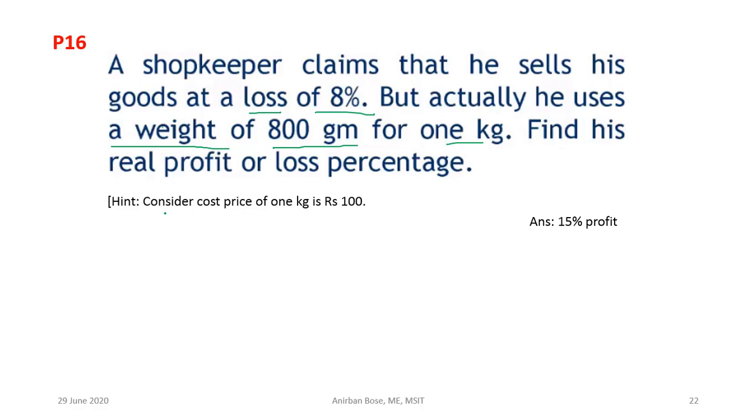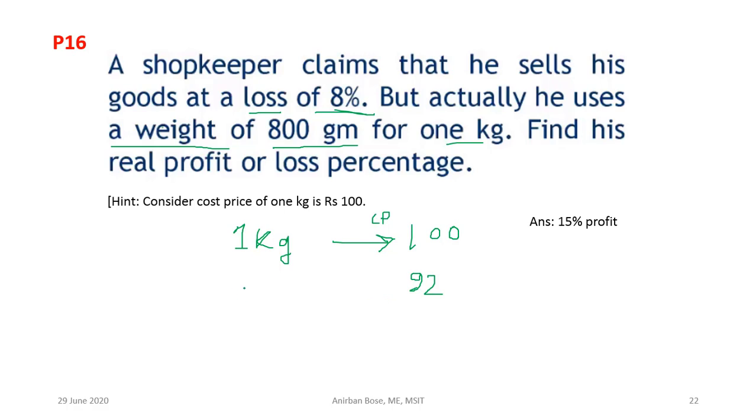So for this let us consider that 1 kg cost price is rupees 100. When he is making 8% loss, that means he is selling it at rupees 92 instead of 100, right?